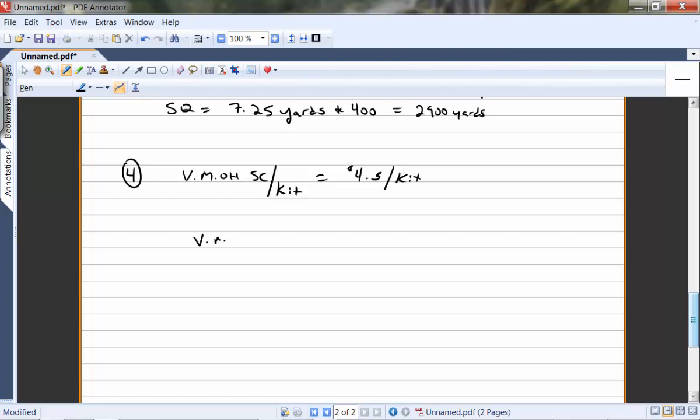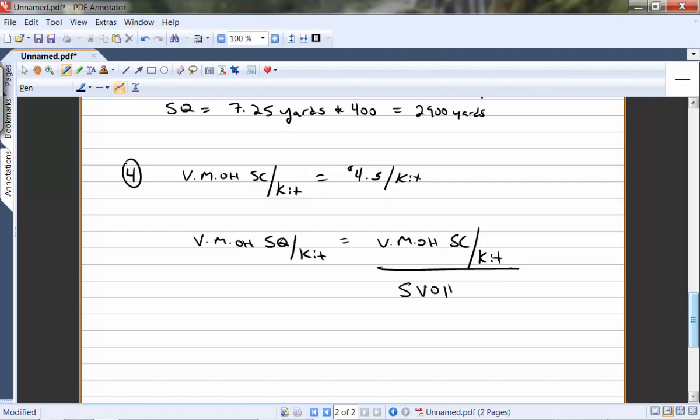So the variable manufacturing overhead standard quantity per kit is just equal to the variable manufacturing overhead standard cost per kit divided by the variable manufacturing overhead standard rate, or the way we abbreviate that usually, and the way I've done it in the lecture notes, is the standard, how did I abbreviate it? Let's make sure we stay consistent here.